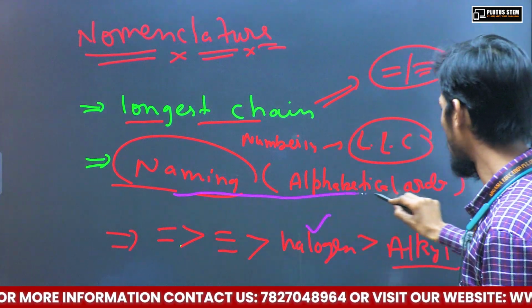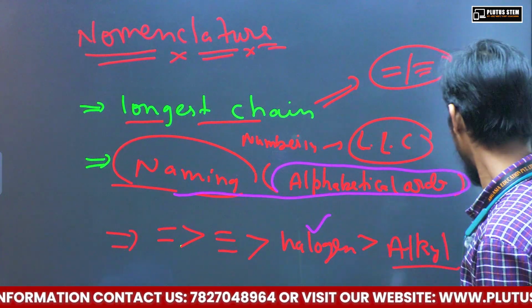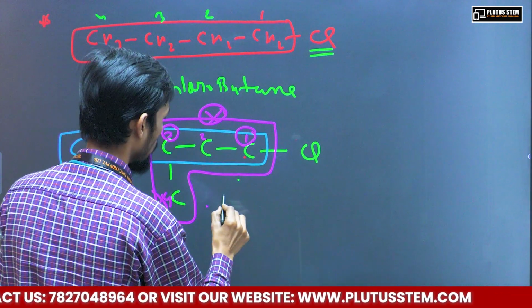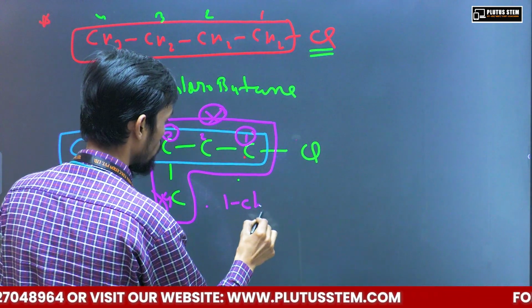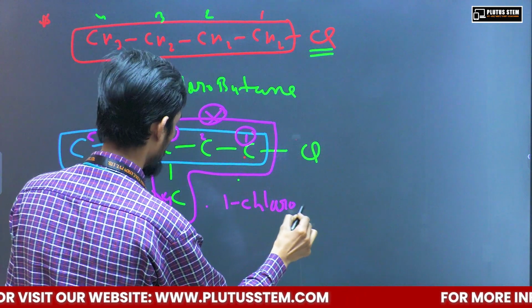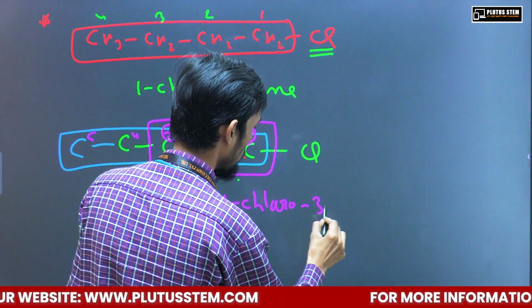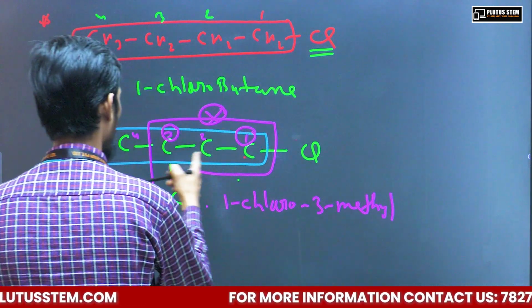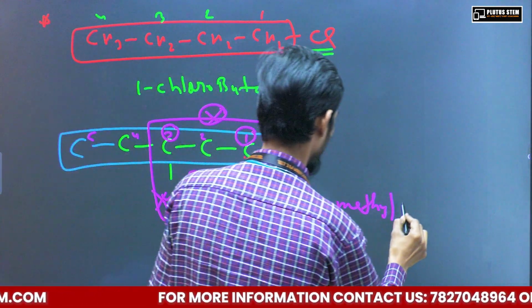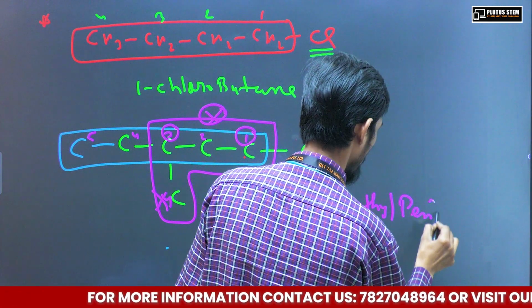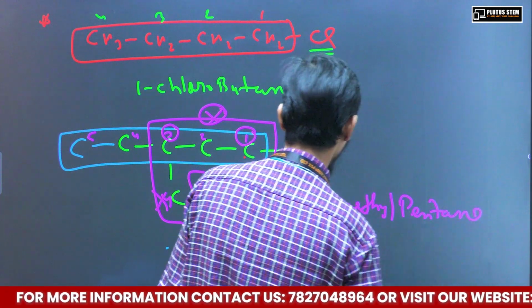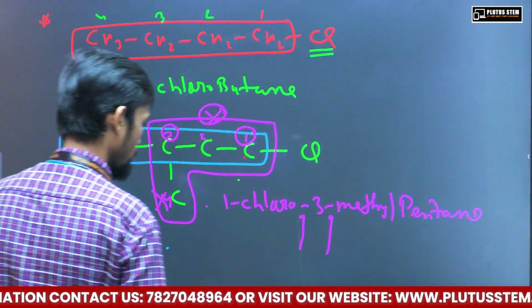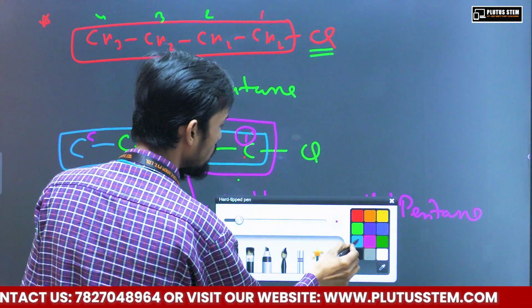So we will write it down like 1-chloro-3-methylpentane. And any number is being separated by this hyphen.